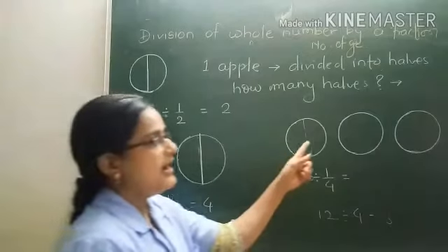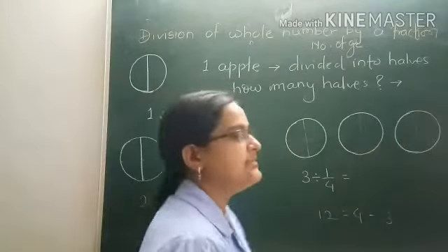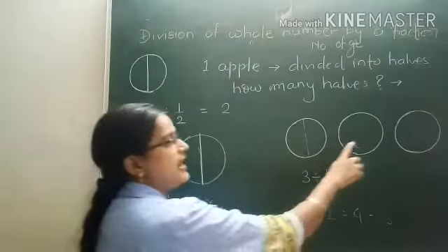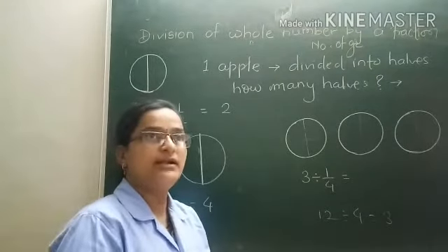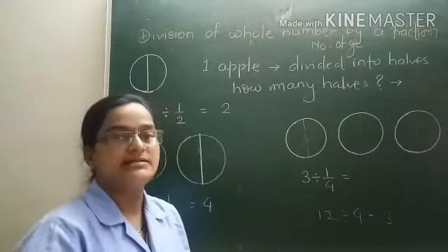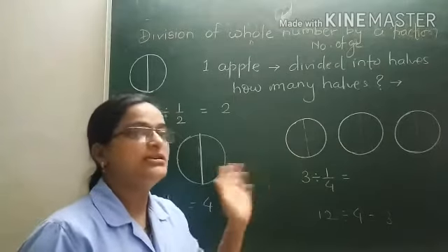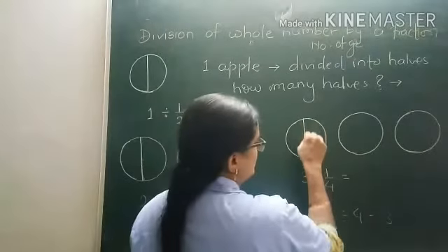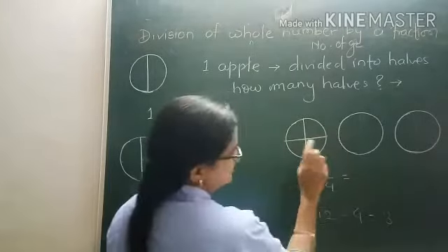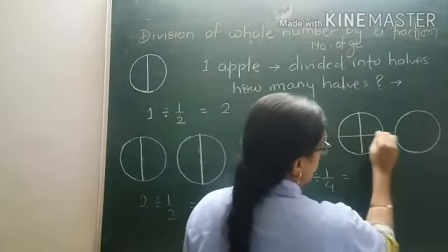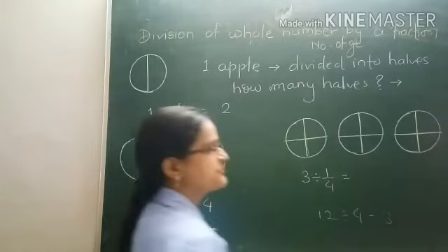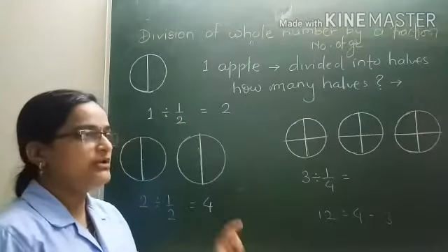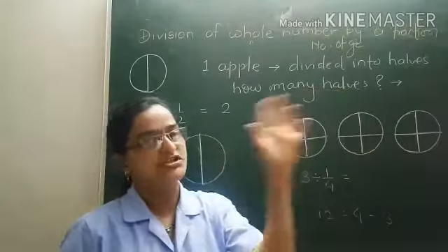Now one more example we will discuss. If I have 3 apples and I cut them into quarter parts, this is also divided into quarters and this is also divided into quarters. Now I decide to give 1 piece to each child.